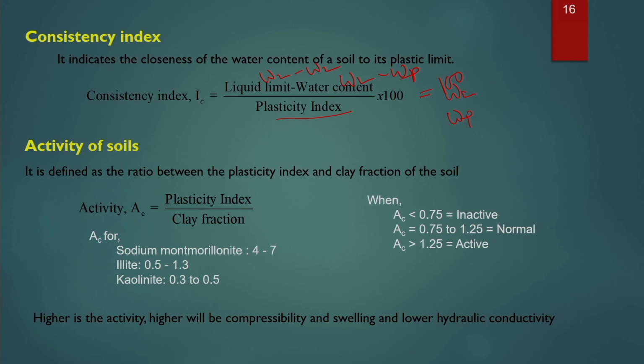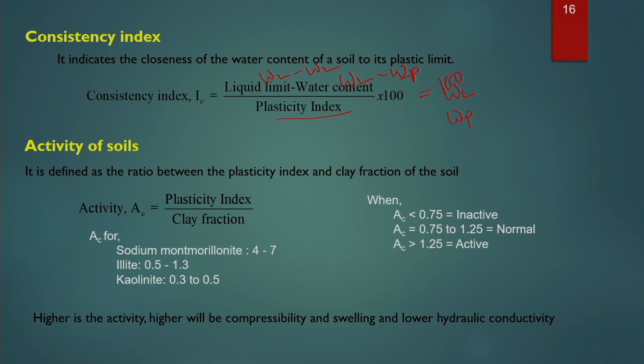There is another term called activity of the soil, which is defined as the ratio between the plasticity index and the clay fraction. Generally, the higher the activity of the soil, the more the soil will undergo large deformation or large swelling. For example, for sodium montmorillonite, the activity can be between 4 to 7.